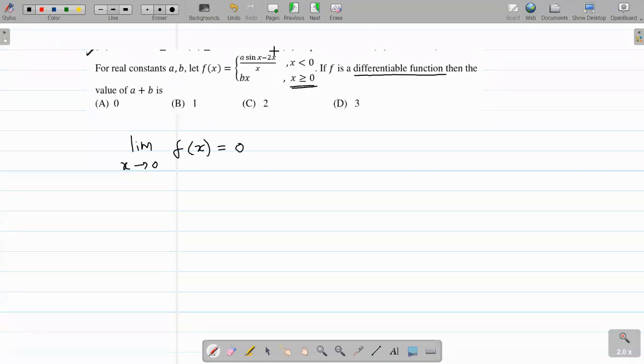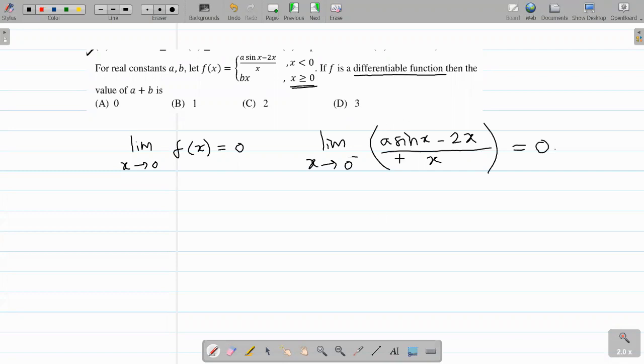But then I can try the left side limit. So that means limit x tends to 0 negative of f(x), that is (a sin x minus 2x) on x, the limit at 0. But this you can compute independently.